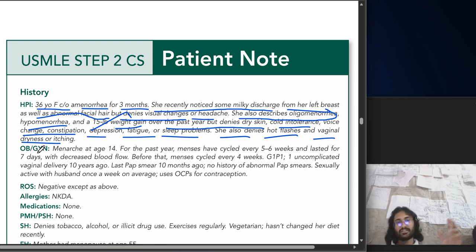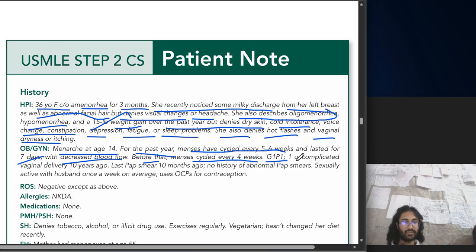Now next, this was the history given to us, and now the obs gynae history. First thing, menarche at age 14. For the past year, menses have cycled every 5 to 6 weeks and lasted for 7 days with decreased blood flow. Before that, menses cycled every 4 weeks. G1, P1, gravida 1, para 1. Okay, she has been pregnant only once and she is having one kid.